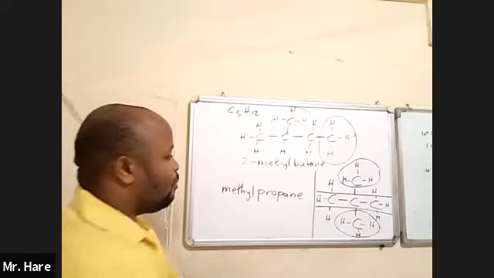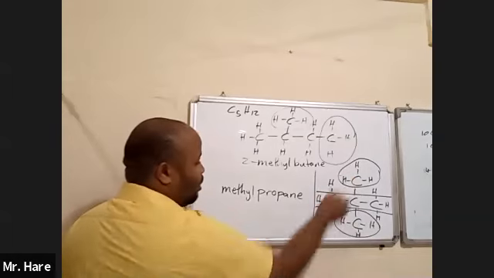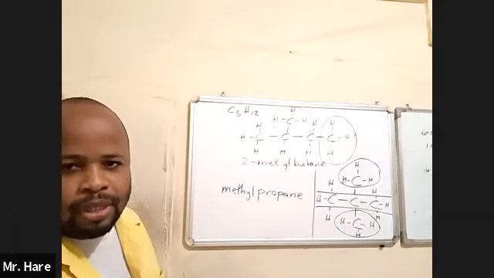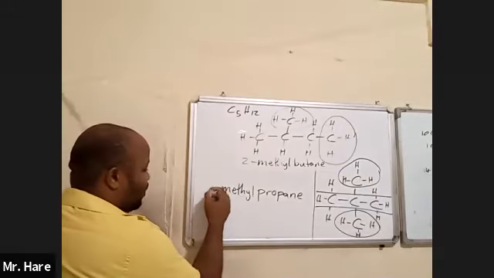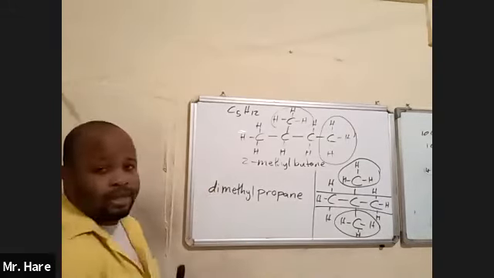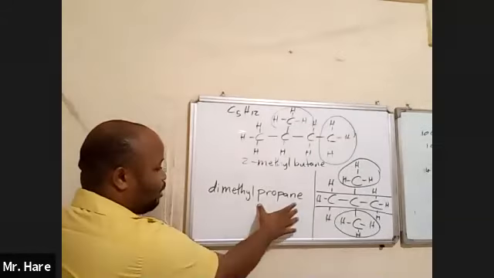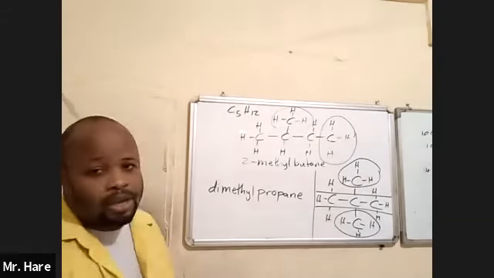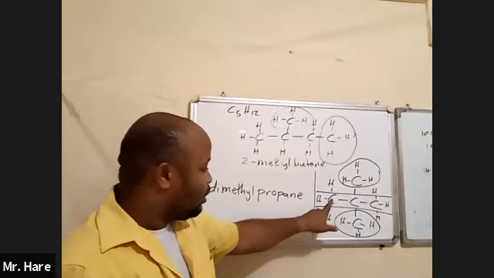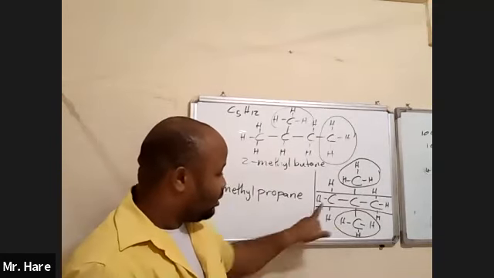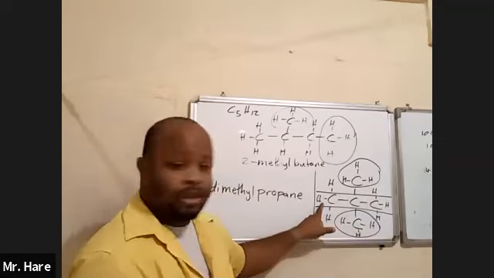When you have 2 or more of the same substituent groups, you add a prefix. The prefix for 2 is di. So it is dimethyl propane. You also have to tell where the groups are present. The main chain is 3 carbon atoms.